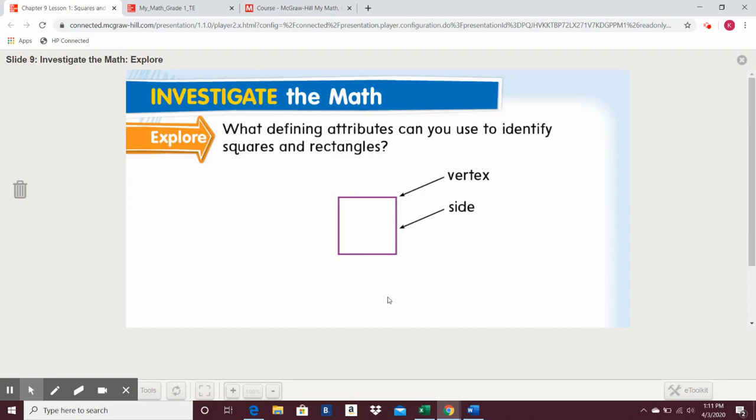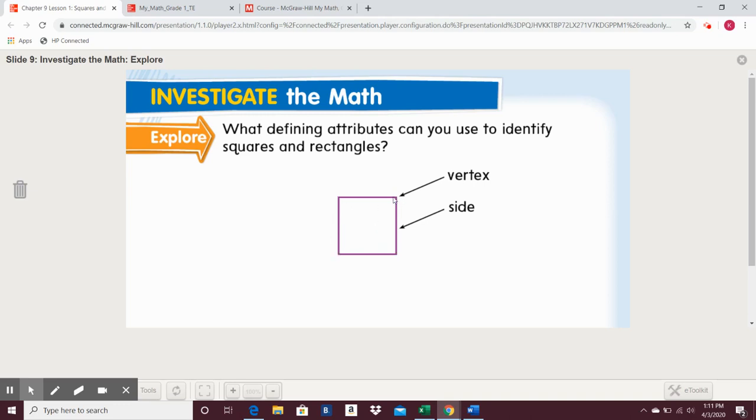So today we're going to be talking about squares and rectangles. Now guys, any plane shape that we talk about is going to have sides and vertices. The sides are the lines here that make up the sides. The vertices, or a vertex, when we have one, it's a vertex. When we have more than one, we call them vertices.